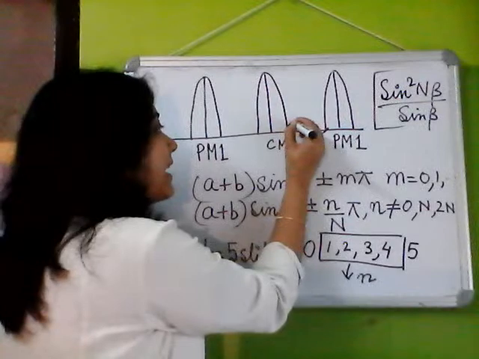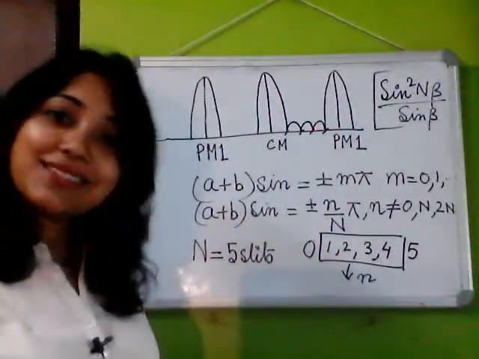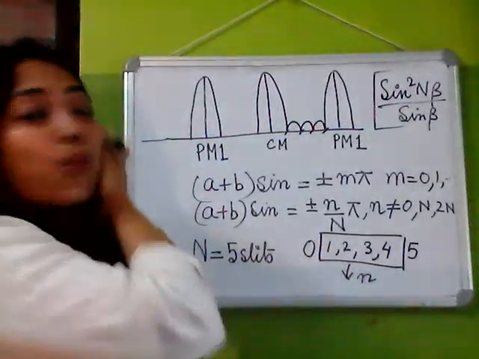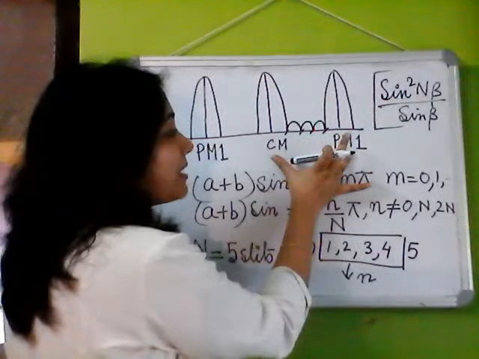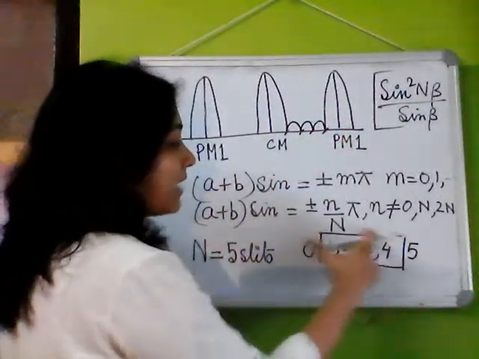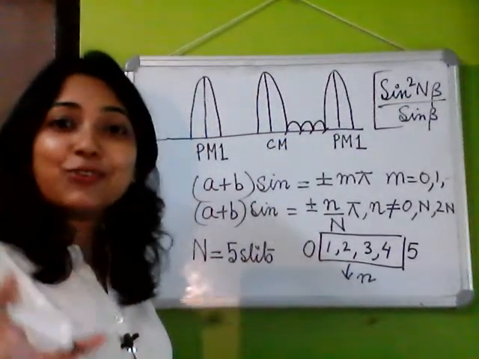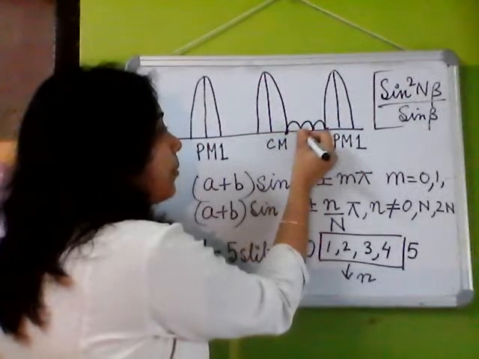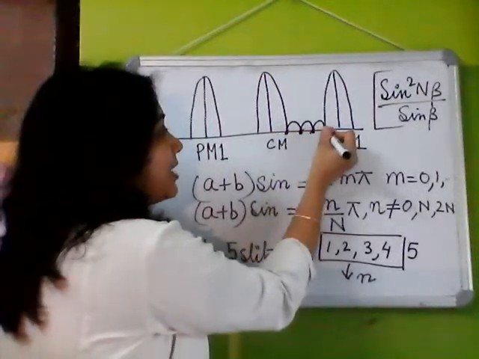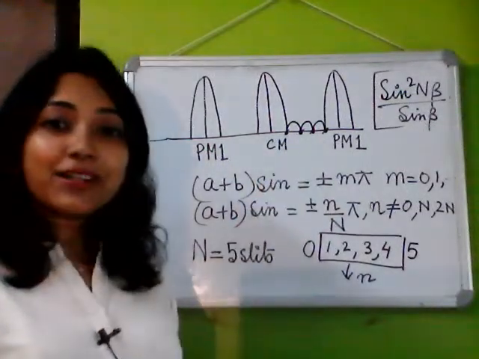I will reach there with the help of secondary maximas. Alright, so see here, while I have moved from the central maxima to the primary maxima number 1, I was allowed to have how many minima points? I was allowed to have 4 minima points. Minima point 1, minima point 2, minima point 3, minima point 4. Very good. So these are my minima points.